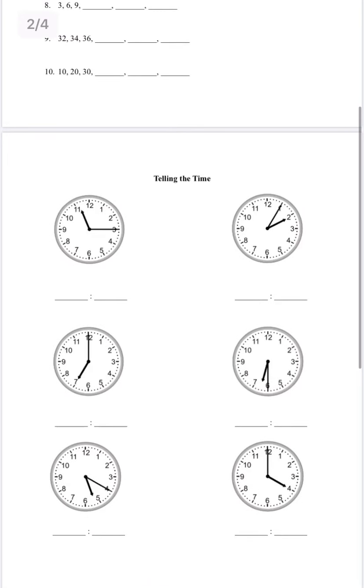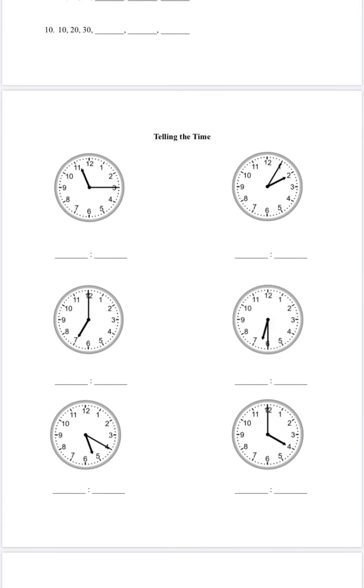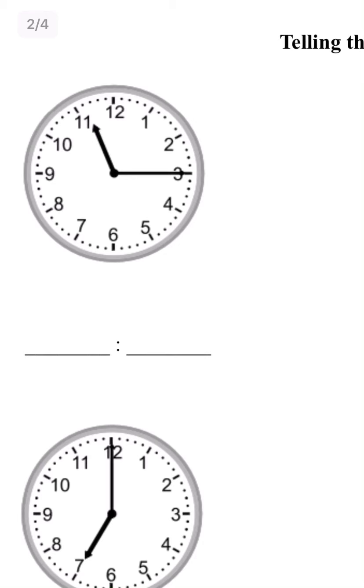Okay, now we're going to tell the time. So here, the smaller one shows which hour it is, and the longer one shows which minute, okay? So you have to multiply 5 to each number. So it's pointing at 3, right?